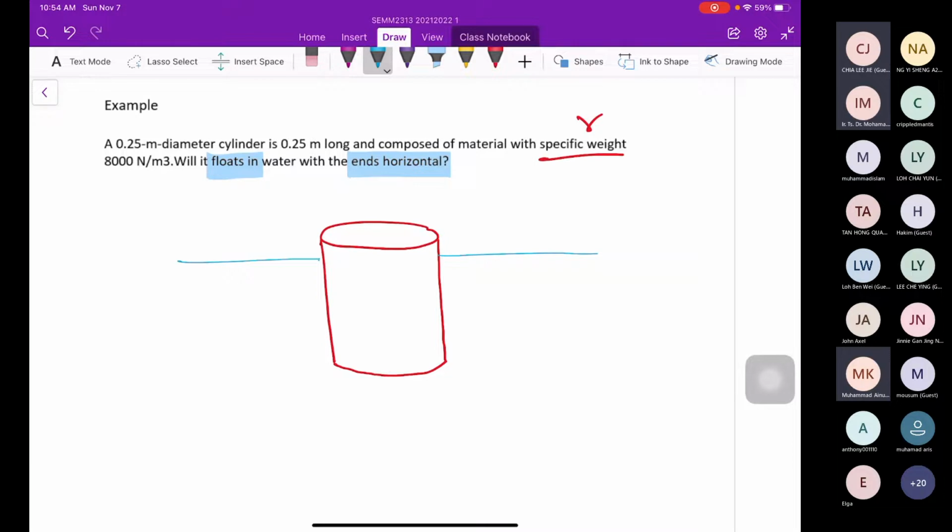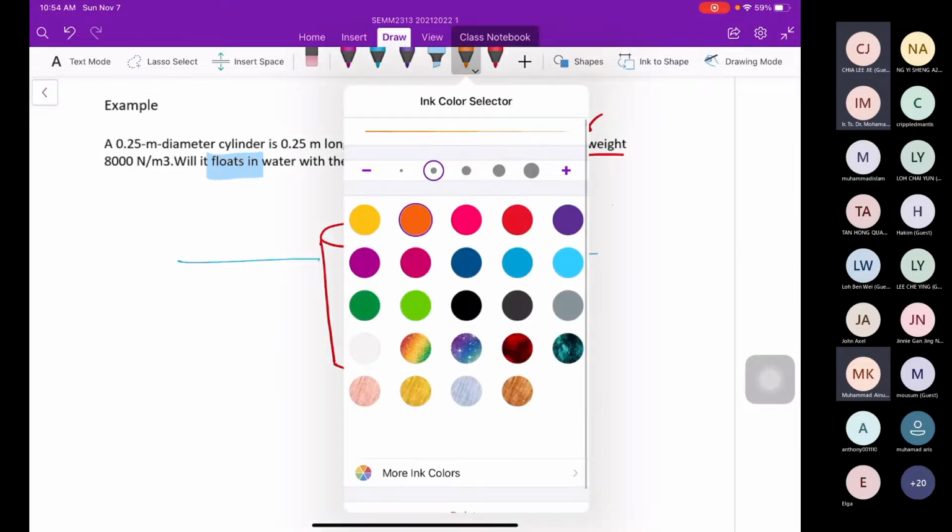This length is 0.25, so the G will act at 0.25 divided by 2.